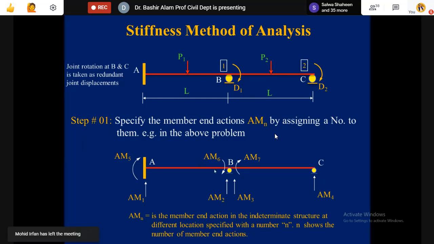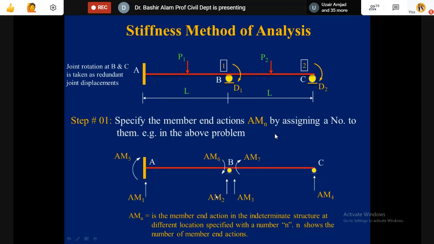Then moments AM5, AM6 and AM7, you can see their directions. These directions are arbitrary, but once you fix them, then this becomes your reference. So AMs are the values we are interested in, and these are our member end actions.